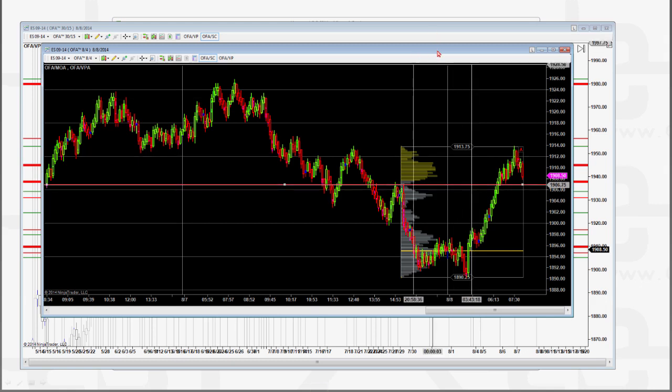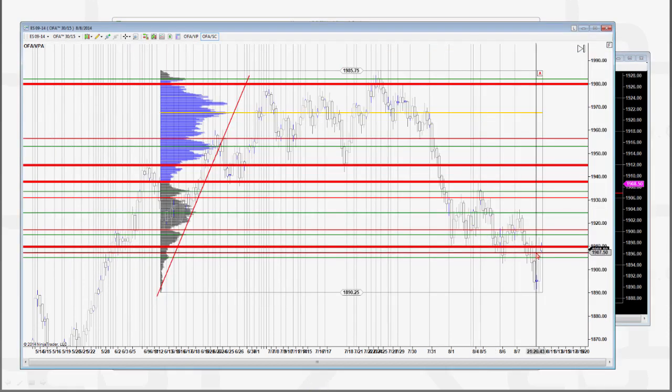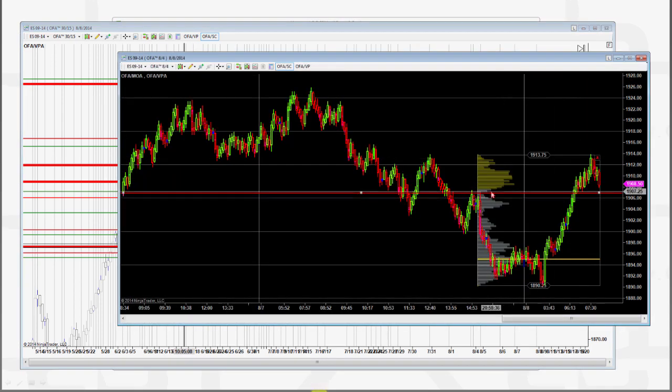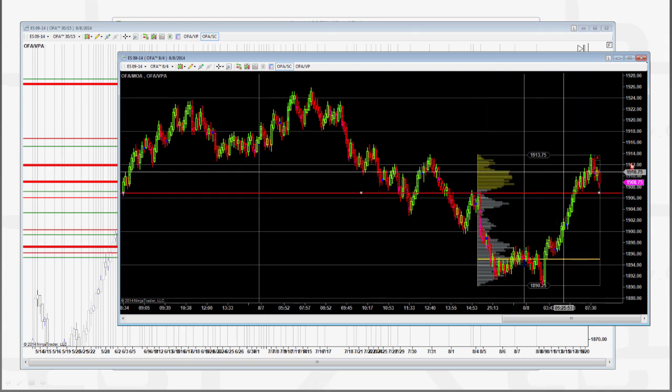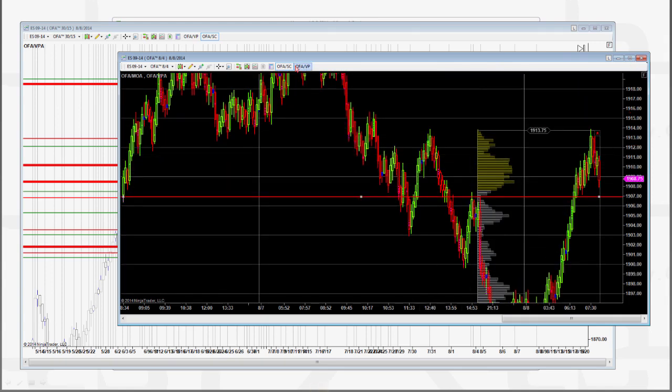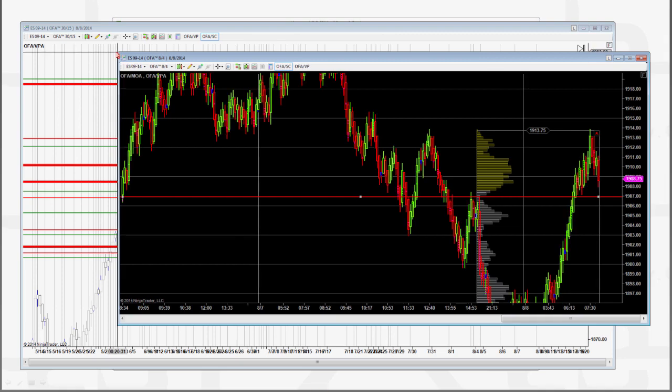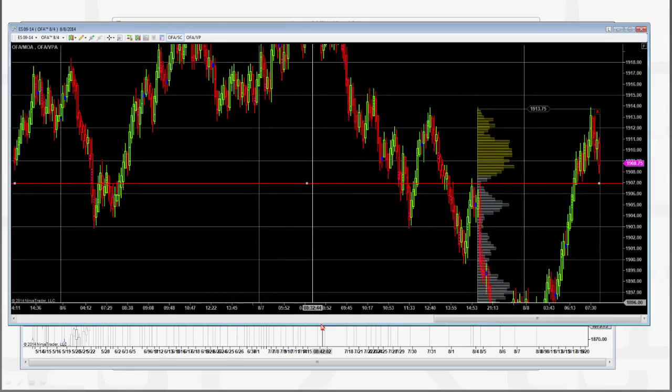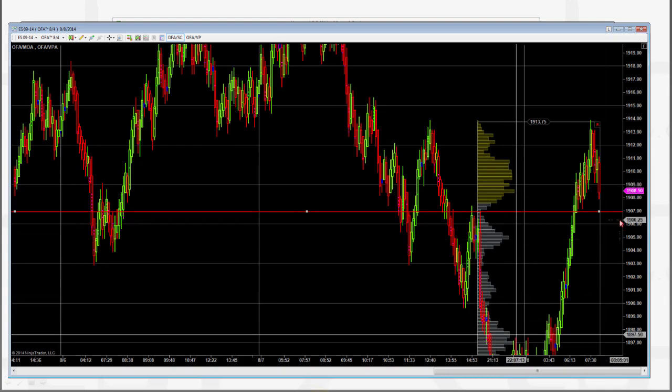So if we go back to this chart, we'll see that level right here. It's a longer term low volume area, so it's not really a surprise to me that price moved above that. And then if you look, I'm going to try to make this bigger. I know that it's real hard to see sometimes, so I apologize for that.